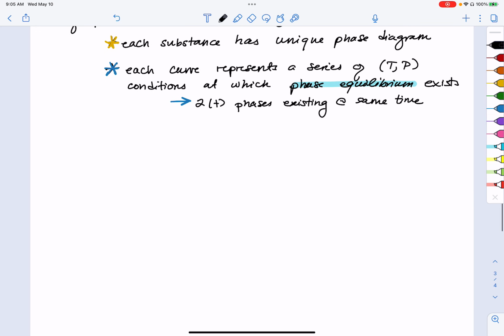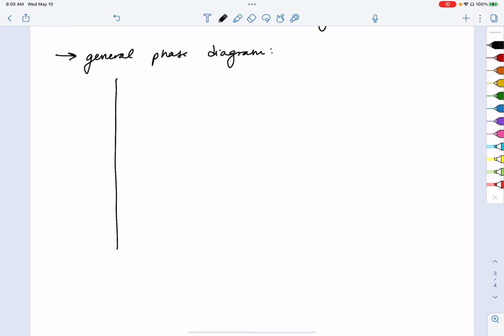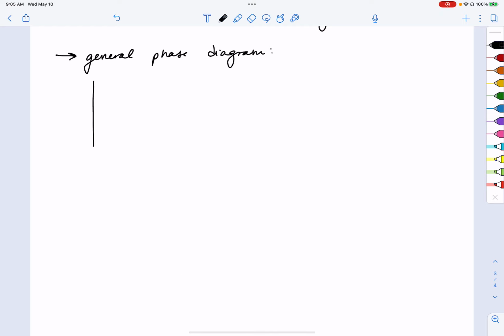So let's look at a general phase diagram. I'm just going to draw a non-fancy phase diagram. They will all have this general structure, like they will all look like the following. There will, of course, be minor differences in the nature of the curvature of each of the curves I'm about to draw. But you will see something like this. So we have pressure and temperature.